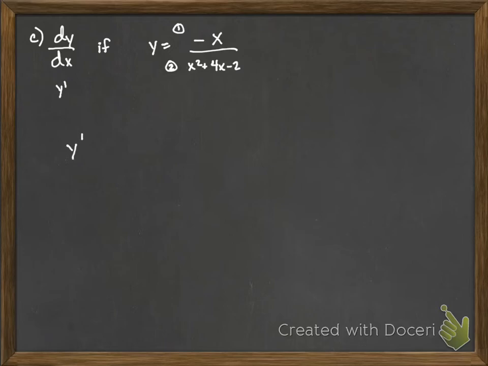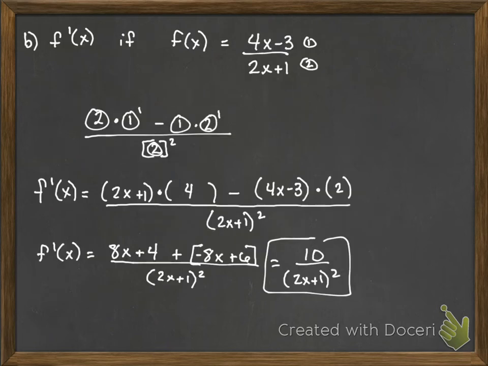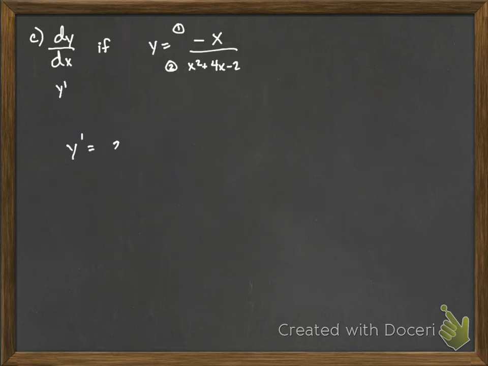We know that y prime, again, I'm going to go back to my rule here. I'm going to write my rule down every time. 2 times 1 prime minus 1 times 2 prime all over 2 squared. Now all it is is plugging in and applying this rule.